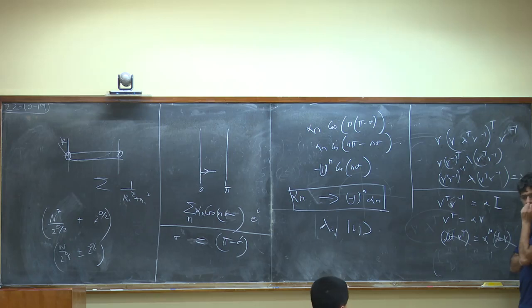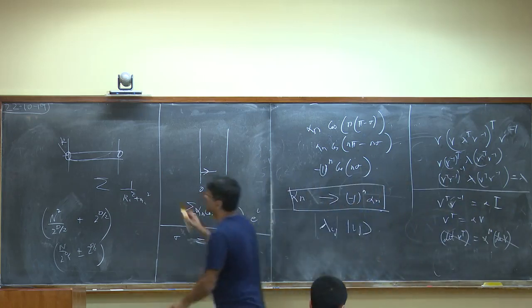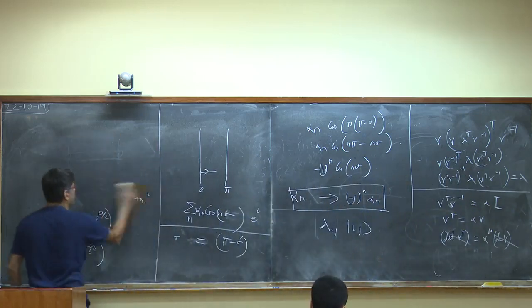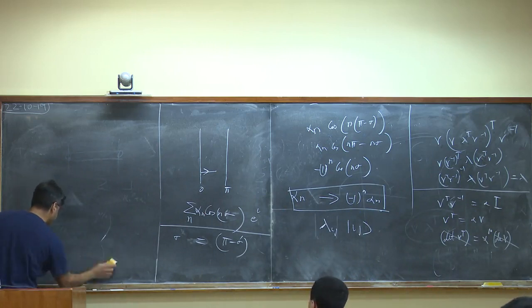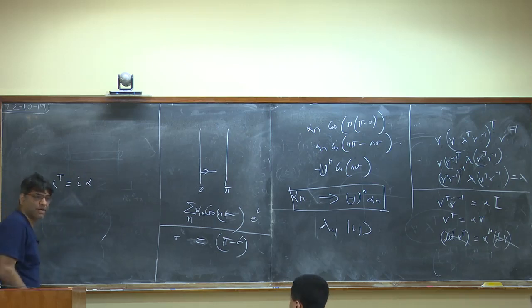Now we want to know whether these other non-trivial phases are possible. So suppose n was 4. Is it possible to have alpha transpose equal to i times alpha for some 4 cross 4 matrix?